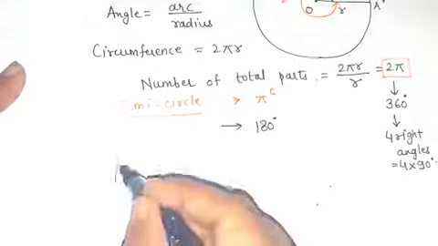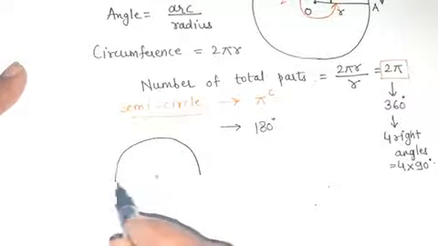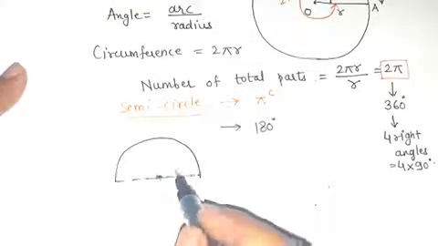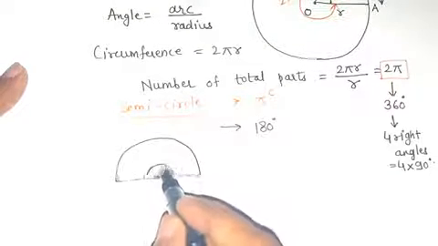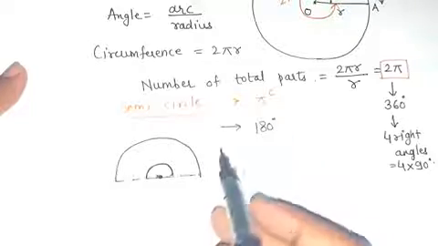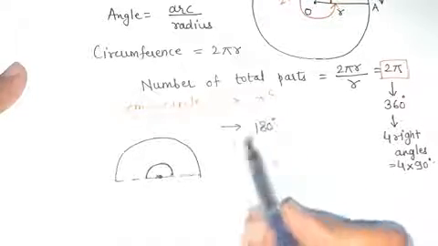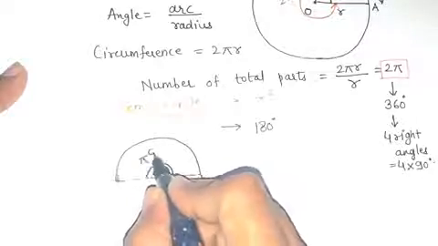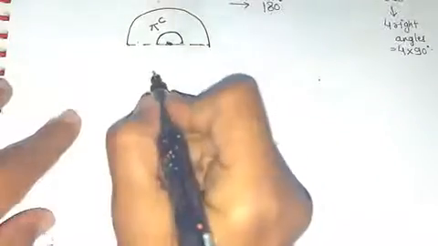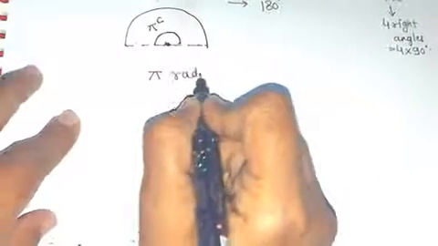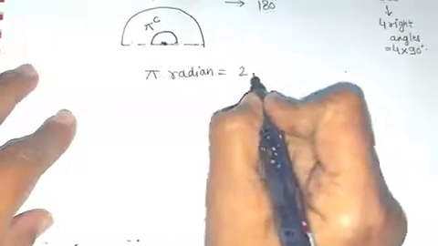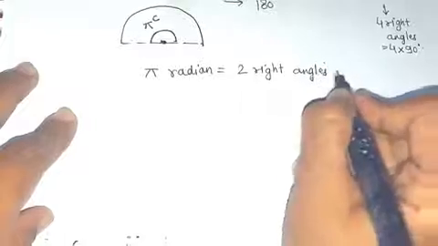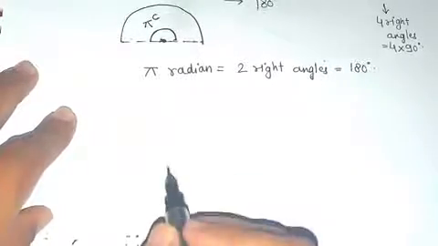So let's draw its diagram. This is a semicircle, diameter, the longest chord passing through the center. So this angle subtended will be 180 degree, which is pi radian, because pi radian is half of 2 pi. So this angle is pi radian. So pi radian equal to 2 right angles equal to 180 degree.